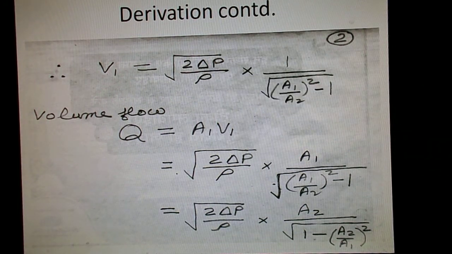So it shows that with the help of determining P1 and P2 across the orifice plate, we can determine the velocity, and velocity times area is the flow rate.